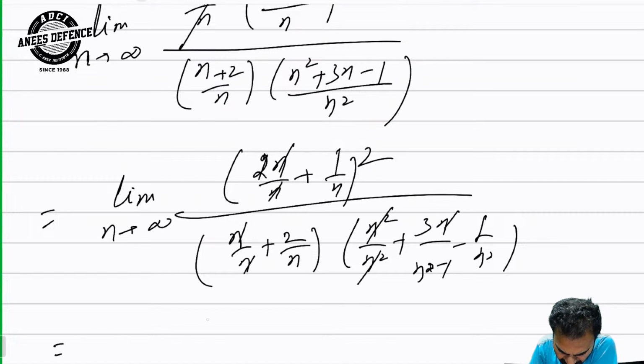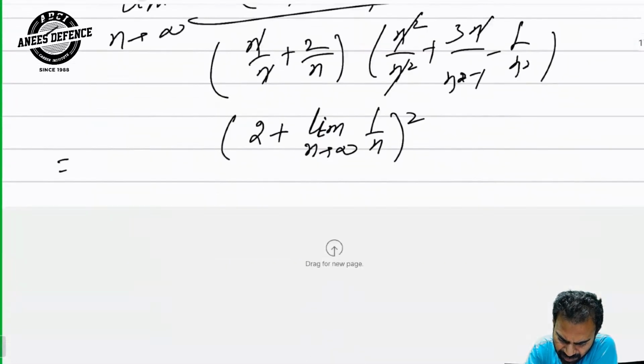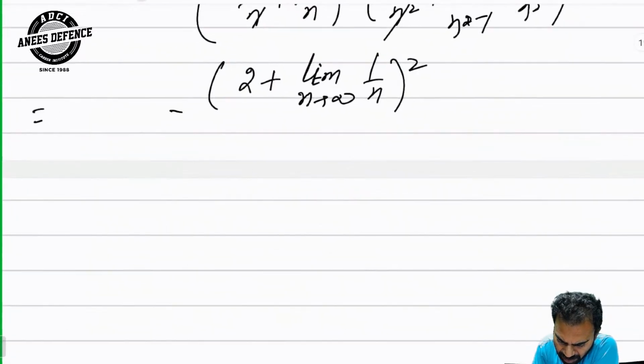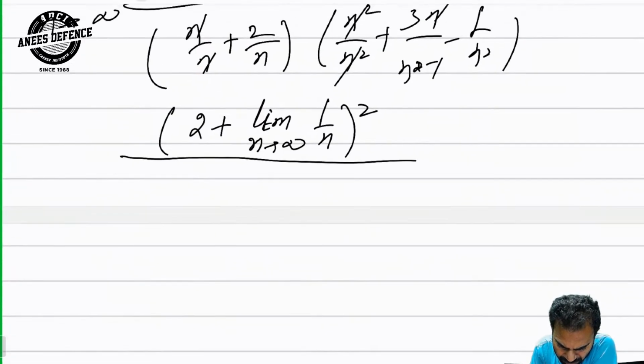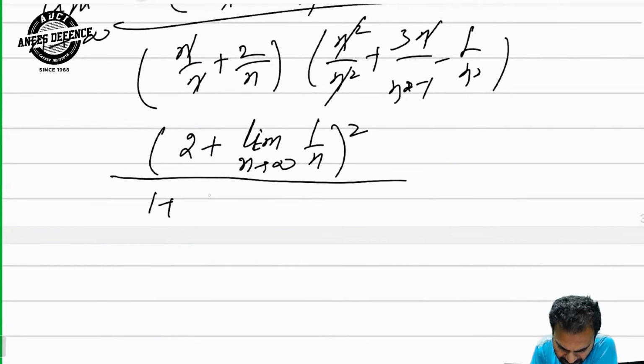Now the limit will go inside. So it will be 2 plus limit n tends to infinity 1 by n, the whole square. Any problem? Here also, 1 plus 2 by limit n tends to infinity 2 by n.